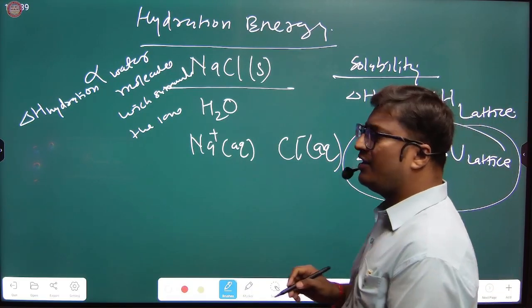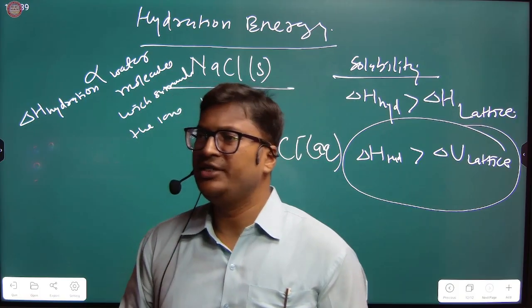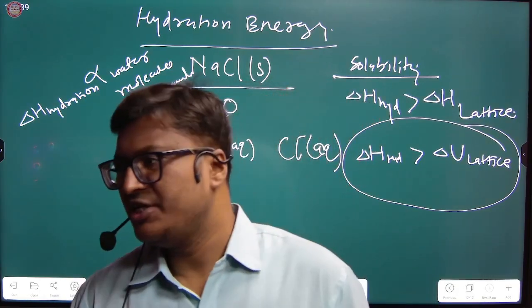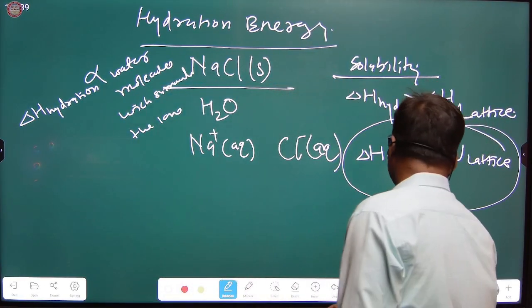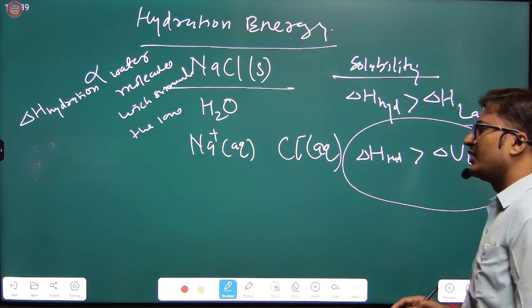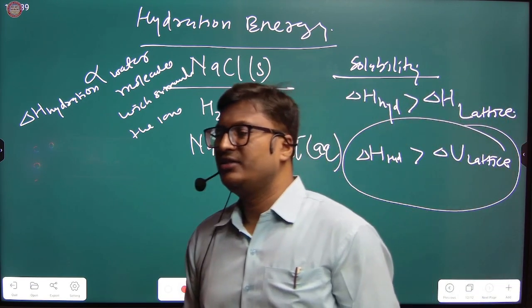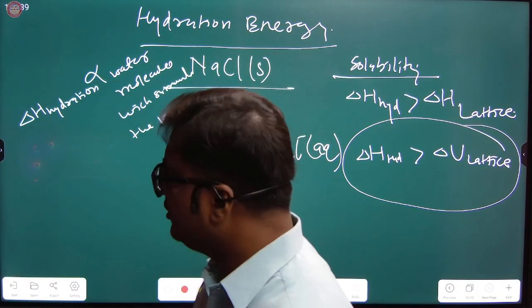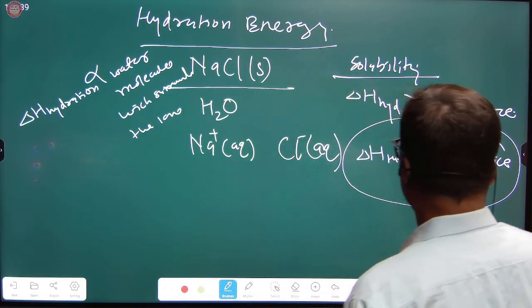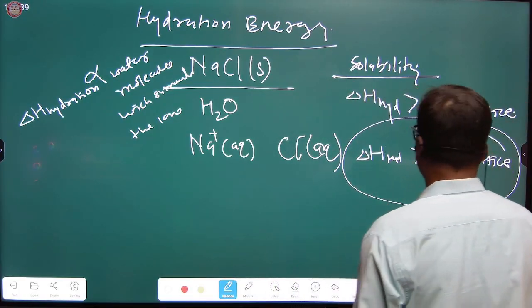So any ionic compound that is soluble in water must possess high hydration energy rather than lattice energy. You can say that calcium carbonate has large lattice energy compared to the hydration energy, so it is not easily soluble in water.